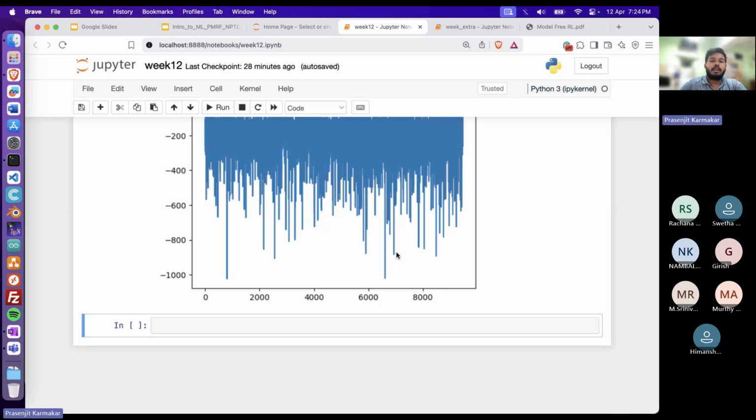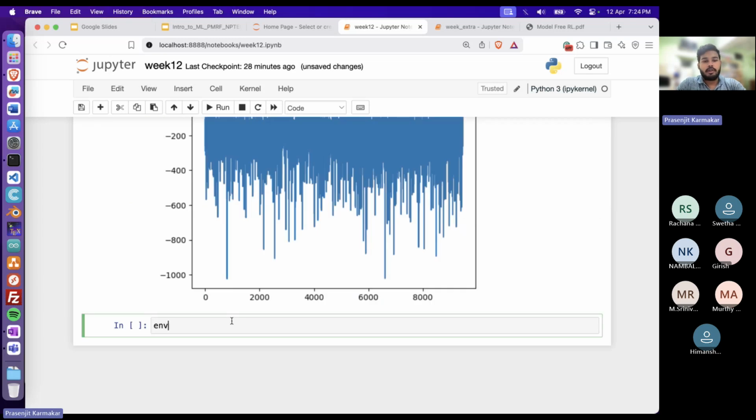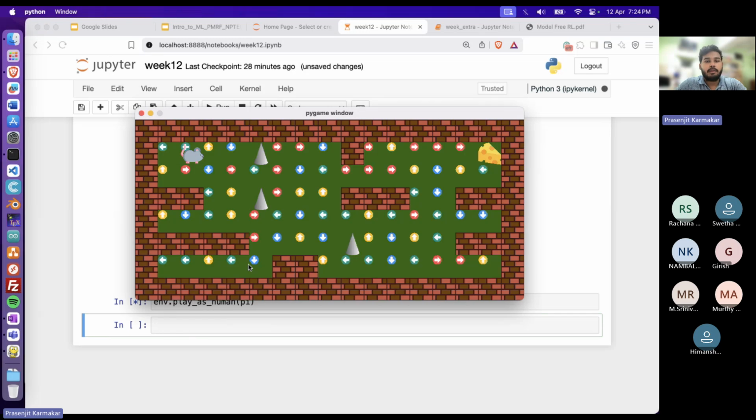So now what I can do to improve this, and let's see what was the emergent policy we have. environment.play_as_human. If I just pass pi, it can give me a representation of the policy. And see, it's not that good, right?